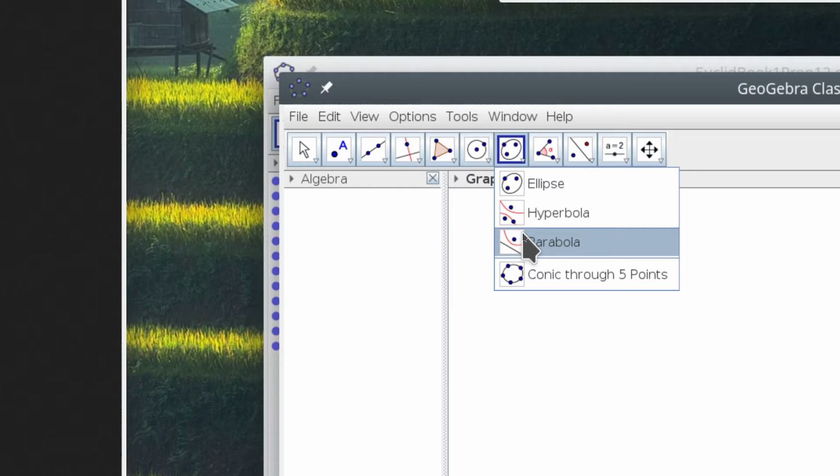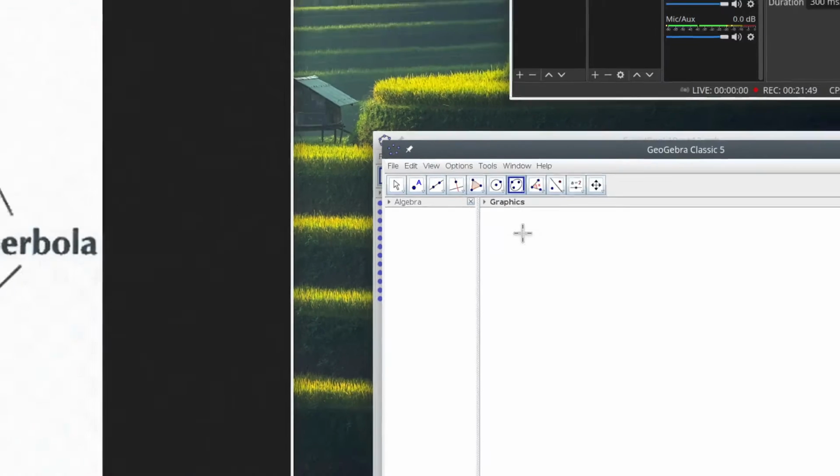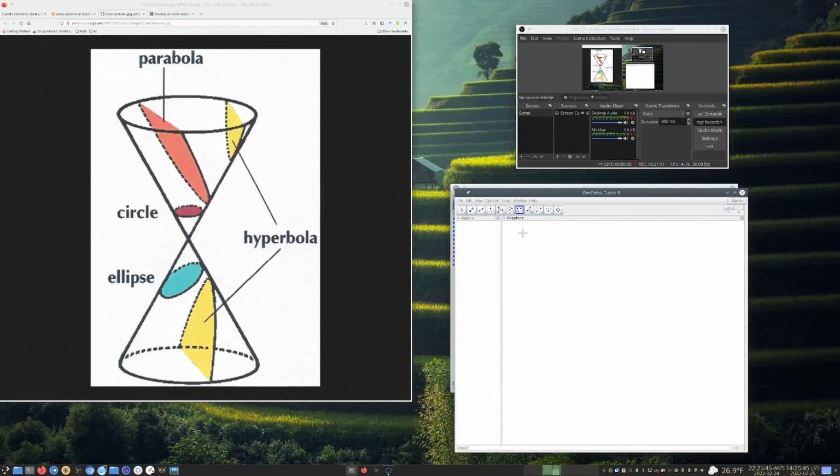Algebraically, the parabola is very special because it's the nicest to deal with. The circle, the ellipse, and the hyperbola are very messy. The circle you can kind of get a handle on, but it's a very messy thing. Oh, one thing Descartes discovered.